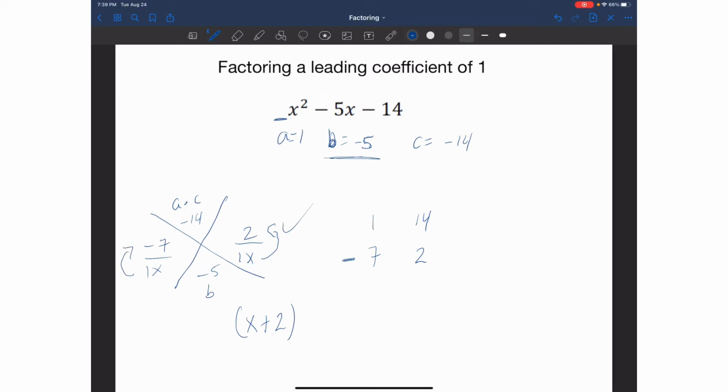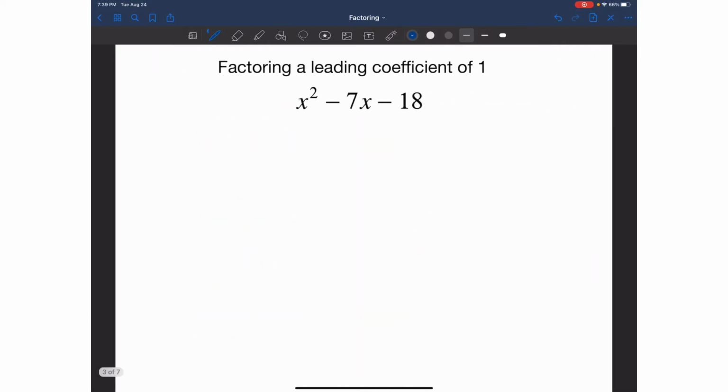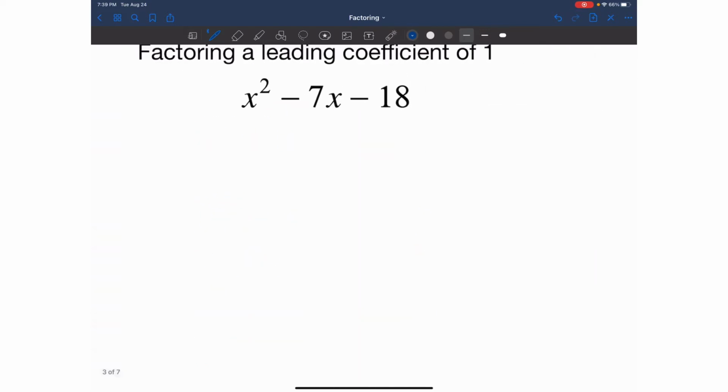Again, start with the bottom, which is 1x, and then your sign, which is minus, and then your 7. So now I know that my factors for x squared minus 5x minus 14 are x plus 2 times x minus 7.